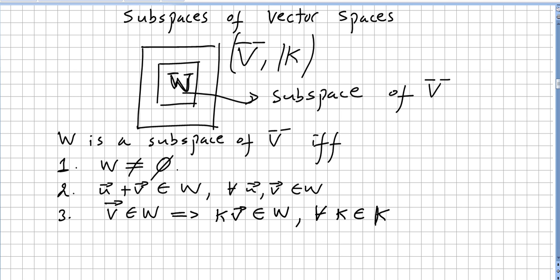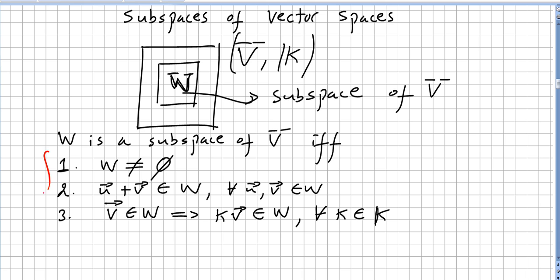Second, for any vectors U and V in W, W is closed under addition, so U plus V is in W. And third, if V is in W, then KV is also in W, for all K in the field of scalars.